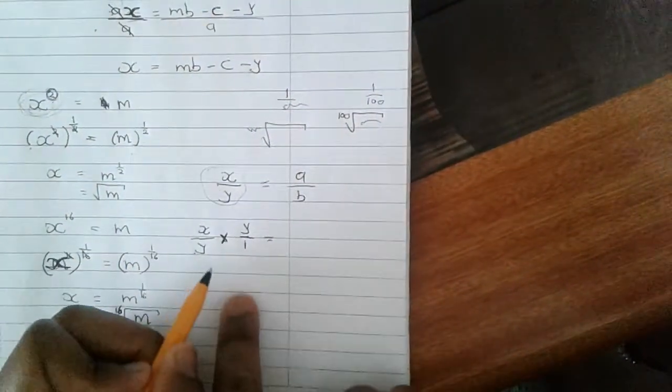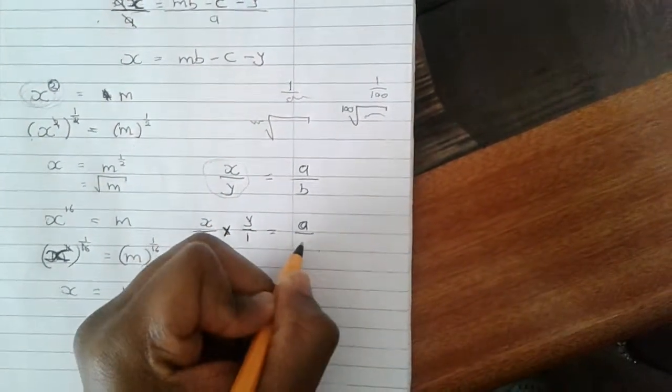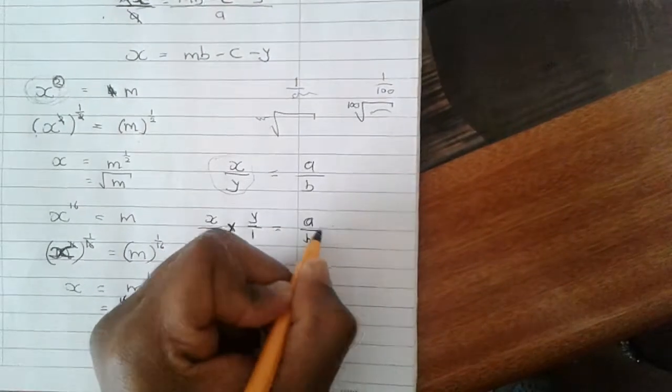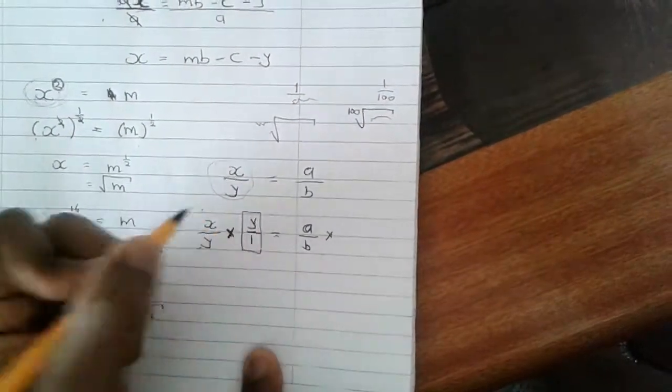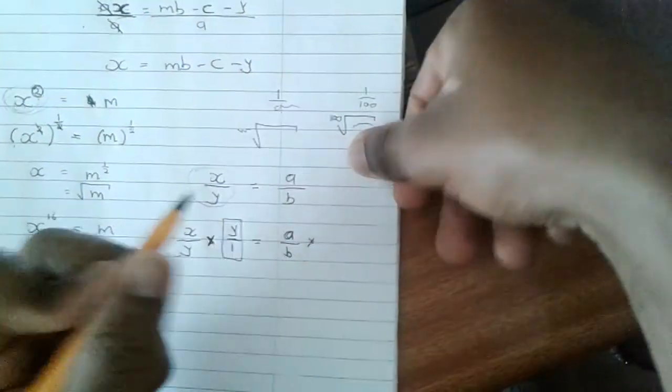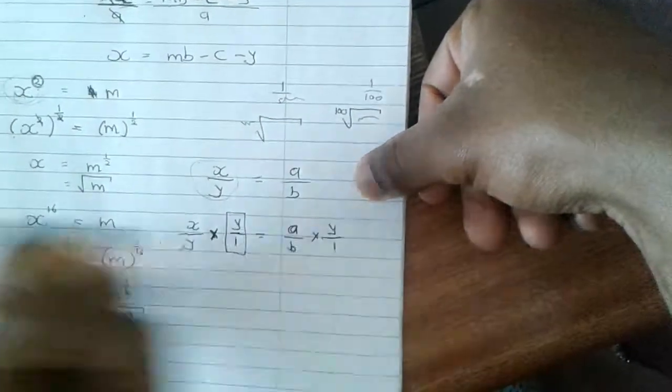And then what you do on the left hand side, you also do on the right hand side, which is a over b multiplied by the same thing you wrote here. You don't change anything, not even the sign: y over 1.